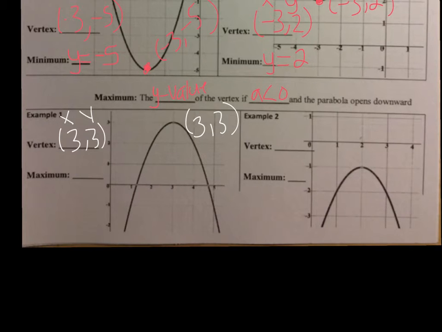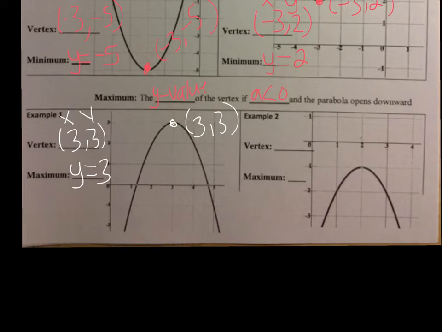The maximum will be represented by the y value. So y is equal to 3. At the point where the y value equals 3, that would be your maximum point for this parabola. I encourage you to pause the video and try example 2 and then compare it with my example.